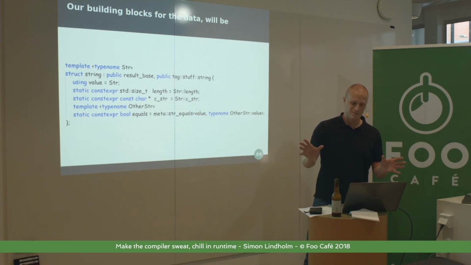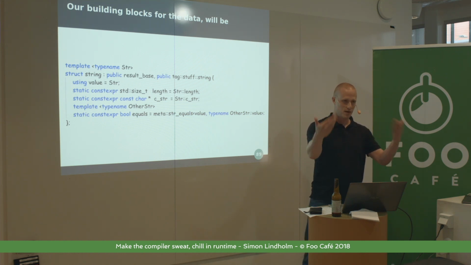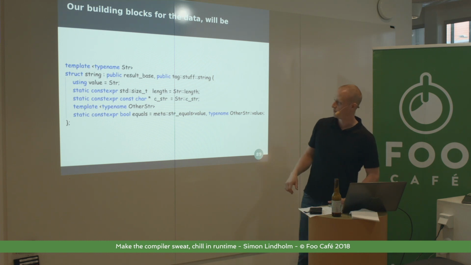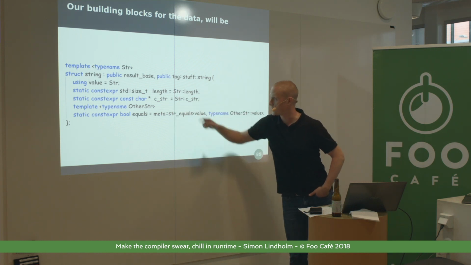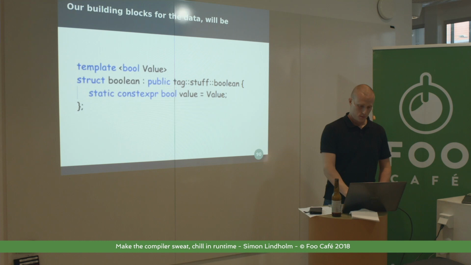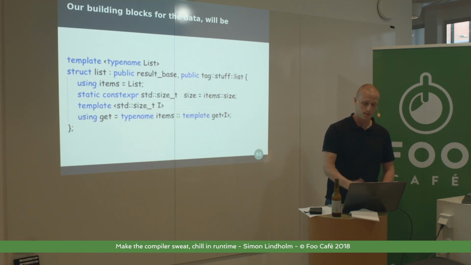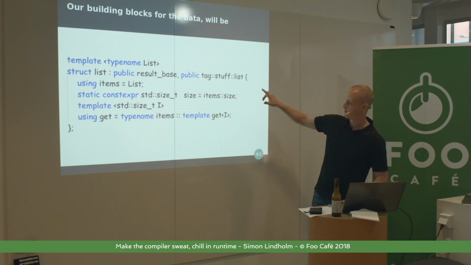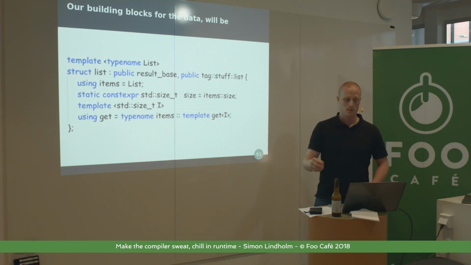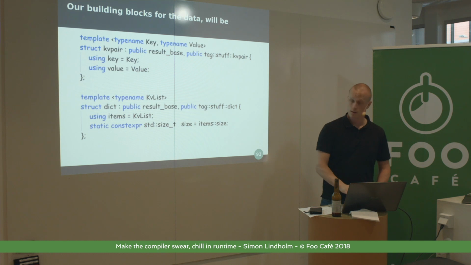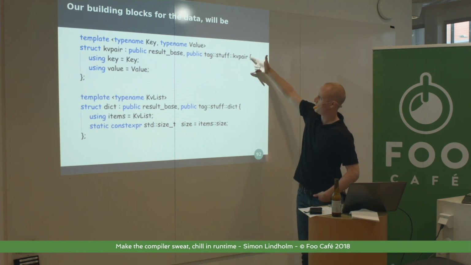The strings are a bit different because in this particular case we're treating them as types and not as values. But if you want, you can have the C string. And boolean is more or less the same as integers. The list is also a thin wrapper for the general list class. And dictionaries we define as lists of key-value pairs.